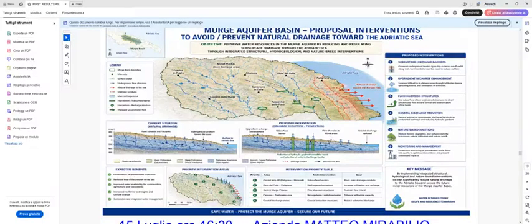You have the current situation with the actual drainage system of karstic conduits and fractures, which, with the structural and topographical system, allows the waters to flow to the sea.